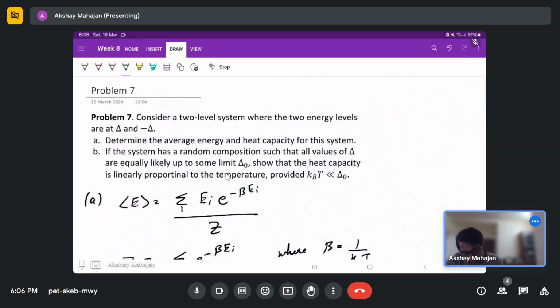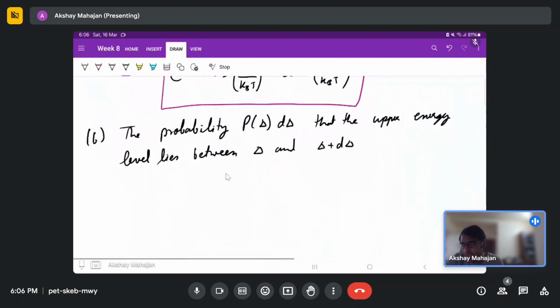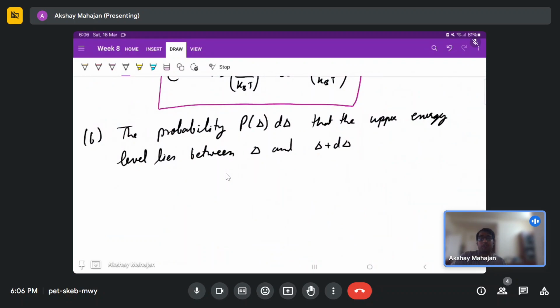All delta values are equally likely up to some limit. Basically, for the energy difference between delta and delta plus d delta, the energy level lies between them. That probability is P delta times d delta, and we refer to the midpoint as P0 of energy.